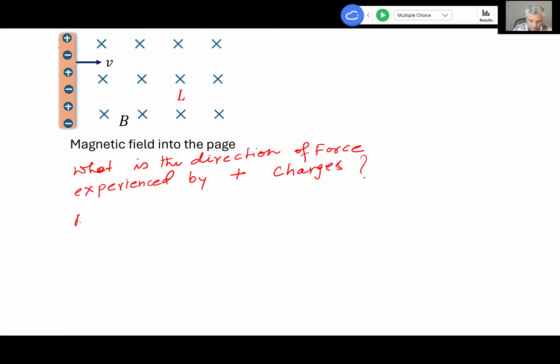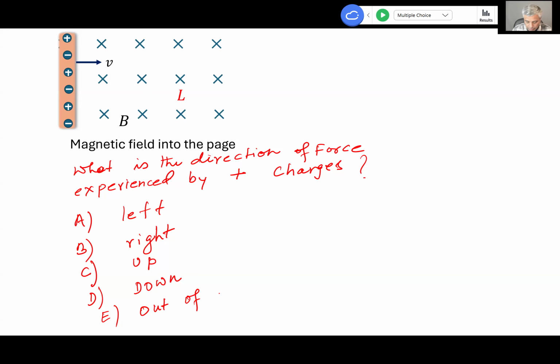In this case, A, left, B, right, C, up, D, down, and E, let's say, out of page or screen. That means dot. Okay. So I'm giving you 30 seconds to think on this.